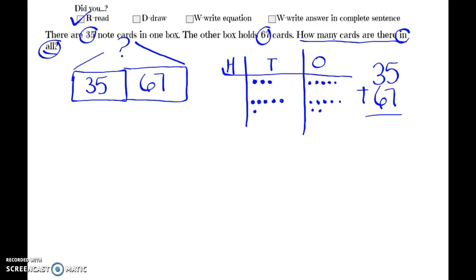Now we're ready to add. Always remember that we begin in the ones place. When I look at my algorithm, I see that I have 5 plus 7. I know that 5 and 5 are friendly numbers and make a 10. And because I have 7 at the bottom, I know that I'm going to be able to make a 10. So I'm going to count out 10 in my ones place. 1, 2, 3, 4, 5, 6, 7, 8, 9, 10.